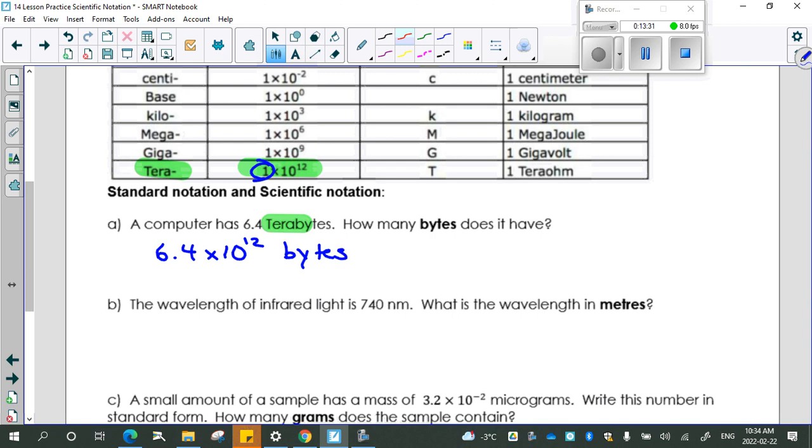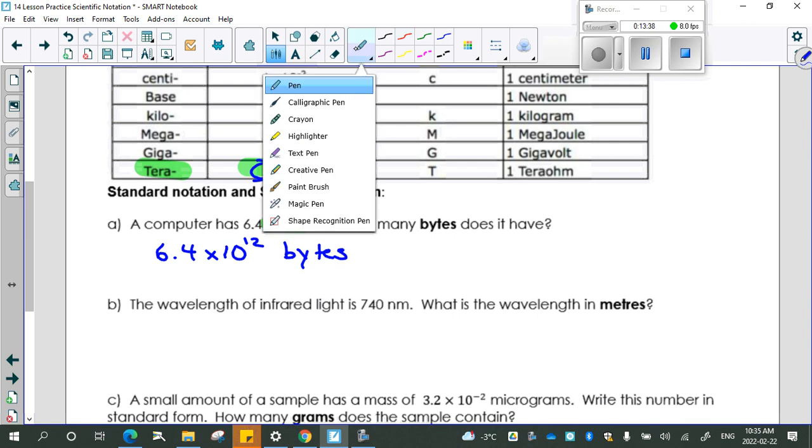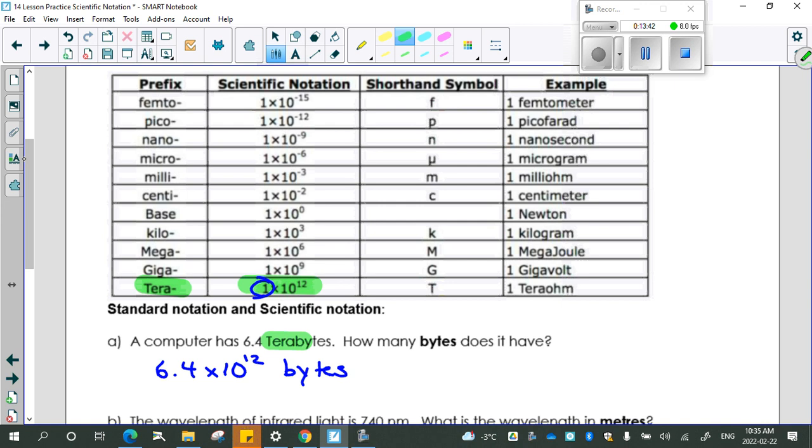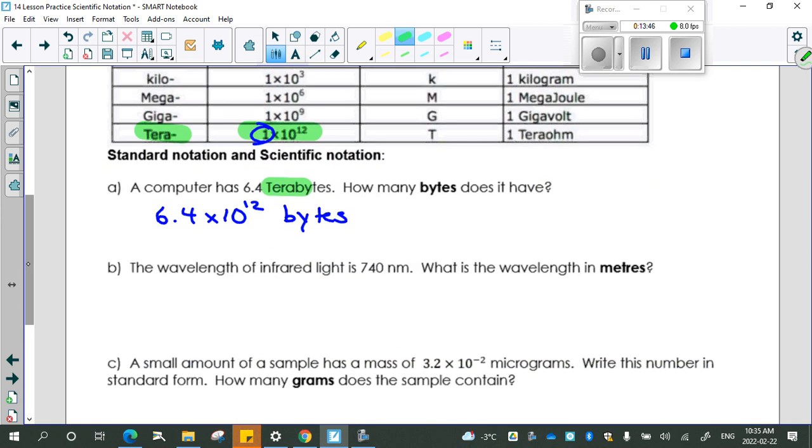The wavelength of infrared light is 740 nanometers. So let's find nano. Use yellow this time. So nano is times 10 to the negative 9. So the first step for me is I could write this as 740 times 10 to the negative 9. But that's not really scientific notation, is it?